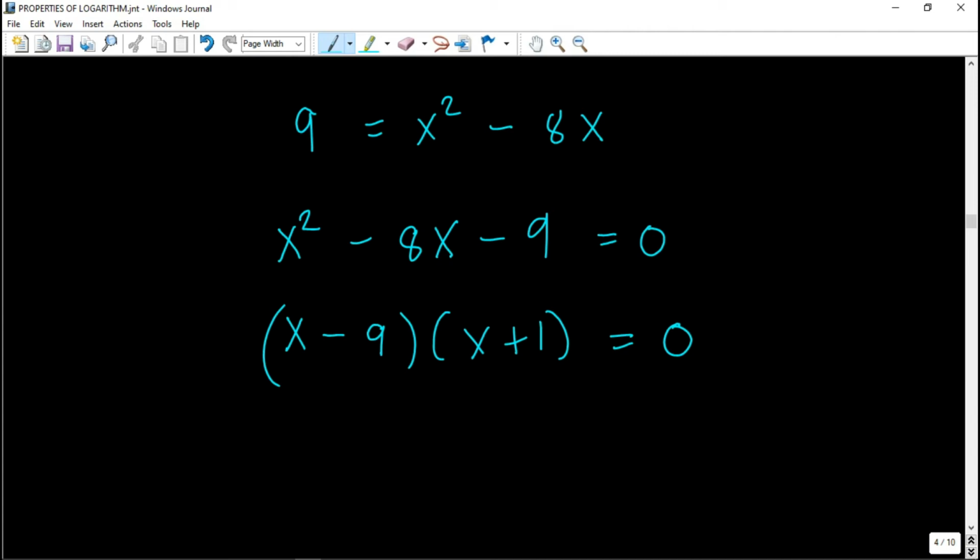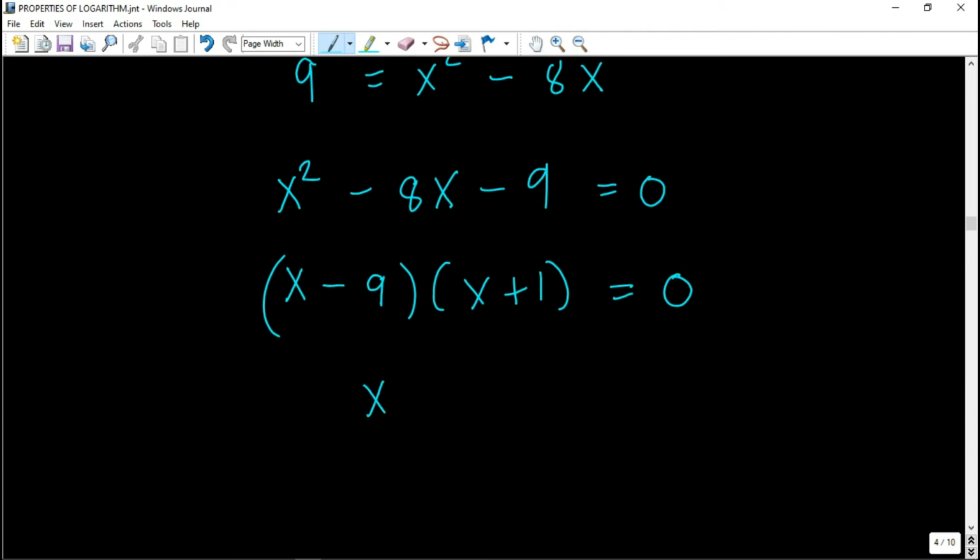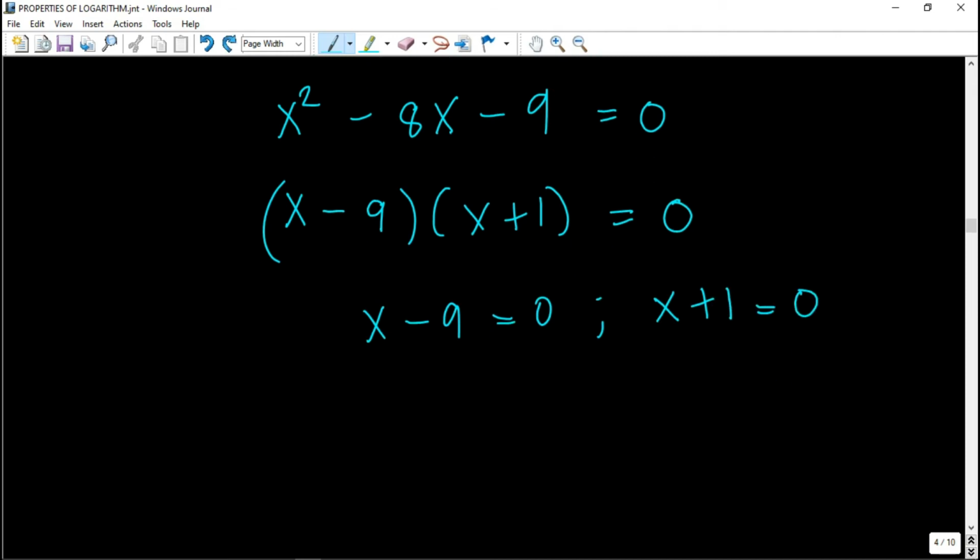So x minus 9 equals 0 and x plus 1 equals 0. That is x equals 9 and x equals negative 1. These are the values for x. We have two values because this is a quadratic equation.